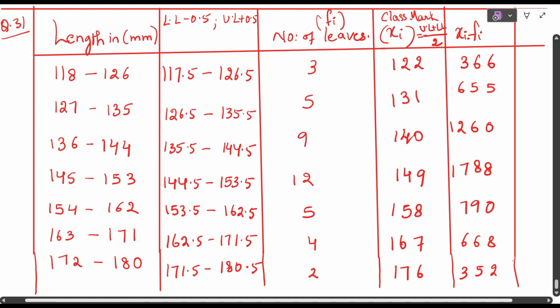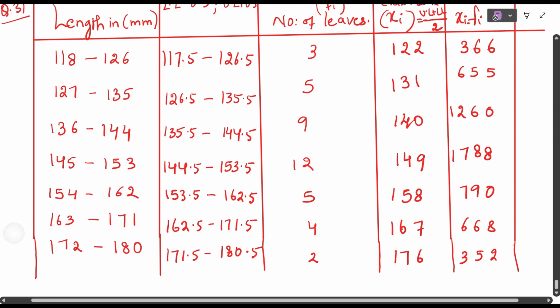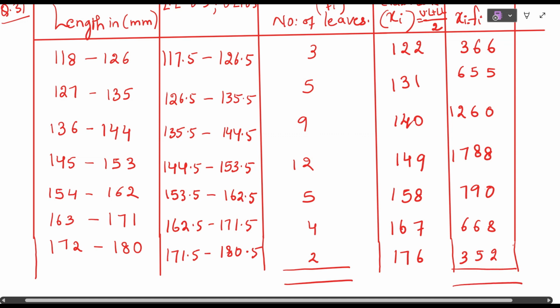Now we have to find, so direct method I am showing here. We have to add these frequencies and this fi xi. If you add all these things, how much you will get? 3 plus 5, 8, 8 plus 9, 17, 17 plus 12, 29 plus 5, 34 plus 4, 38 plus 2, 40. This one we got 40, students.